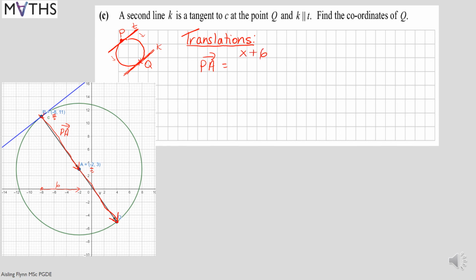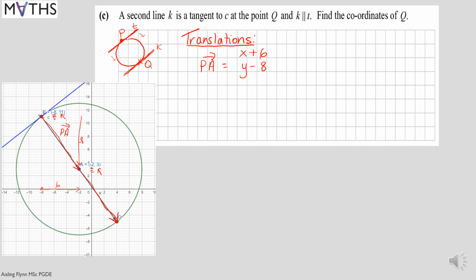Alright, and to go from P to A, let's look at the vertical movements. Alright, so we're starting at 11 and we're dropping to 3. So we drop from 11 to 3, and that's a drop of 8. So we saw this with the slope. So the y value decreases by 8.